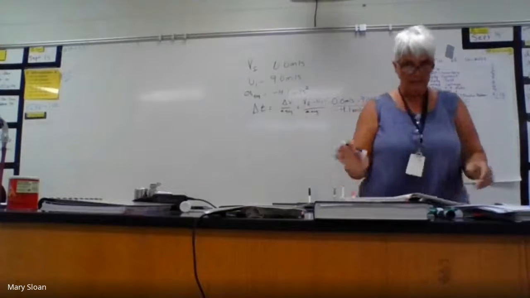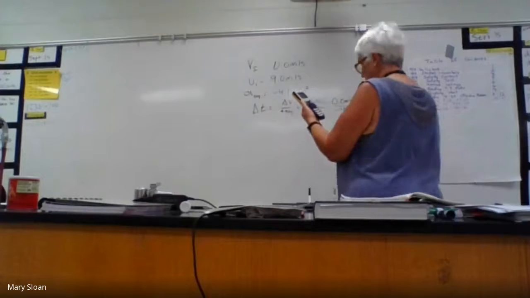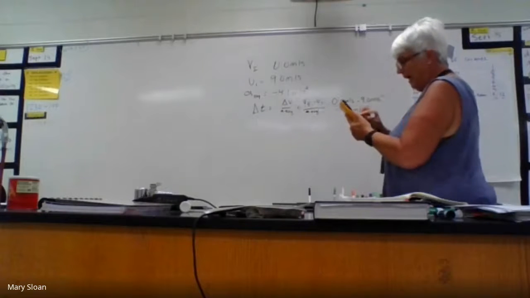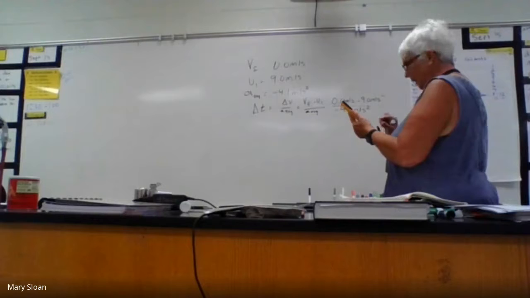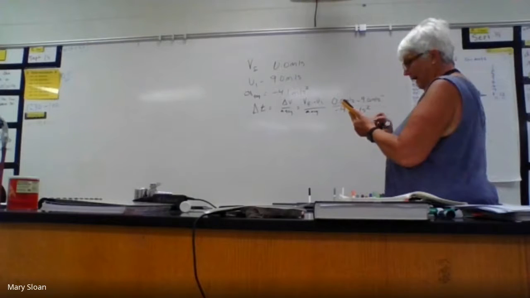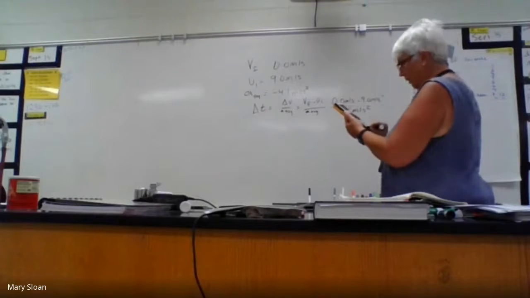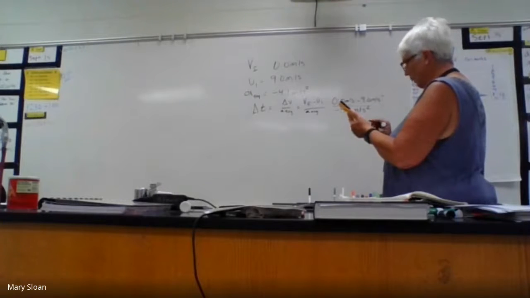I'm going to do the same thing that I did before. I'm going to take my calculator and say alpha y enter. I'm going to do 0.0, and I'm going to subtract that by 9.0. I'm going to go down to the bottom. I'm going to do a negative 4.1 over enter.